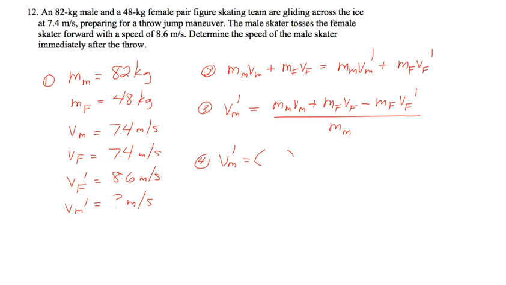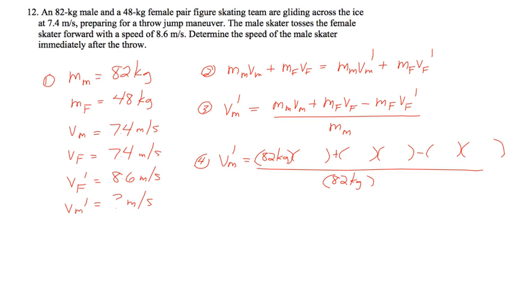We're going to have parentheses, all divided by the mass of the male. The mass of the male is 82 kilograms, so I can put that there and down here. The mass of the female is 48, so that's going to go there, and that's going to go over here.